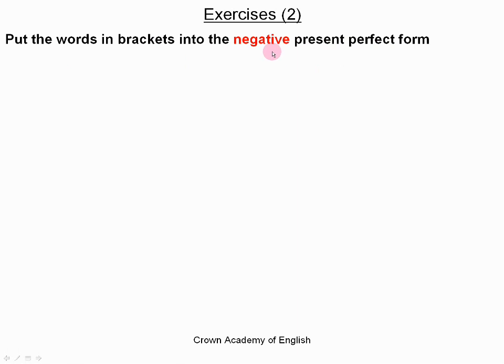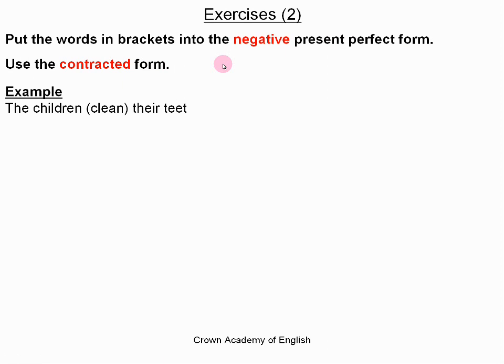Exercise 2. This time I want you to put the words in brackets into the negative present perfect. And I want you to use the contracted form. Example. So the answer here is, the children haven't cleaned their teeth.